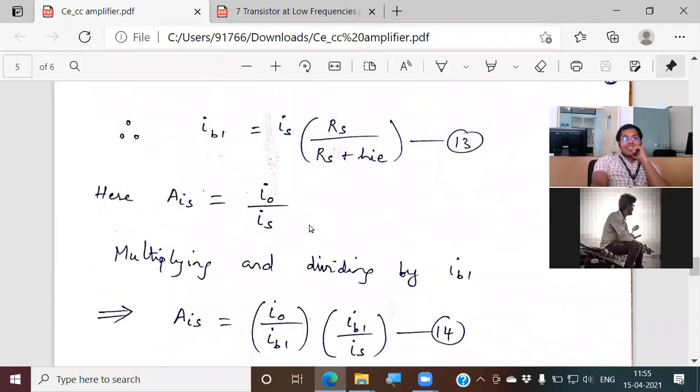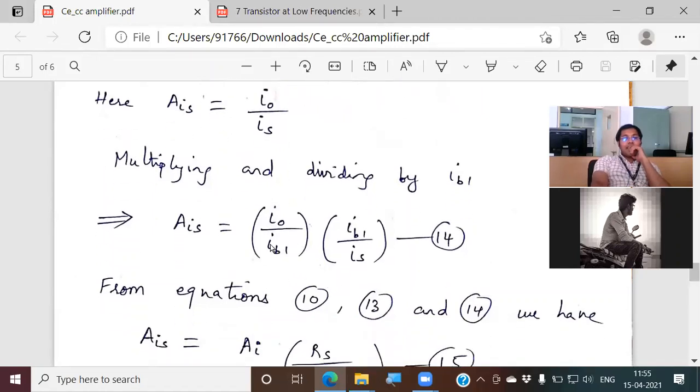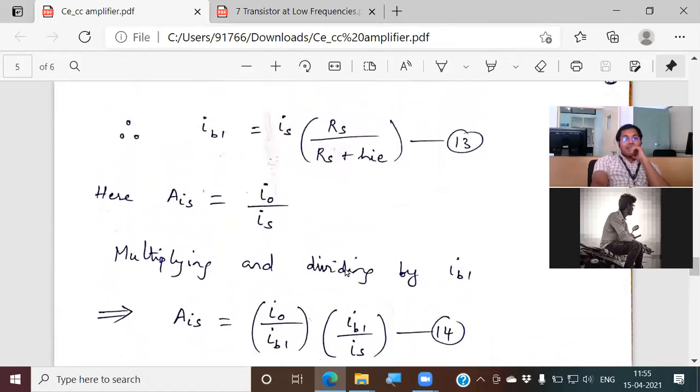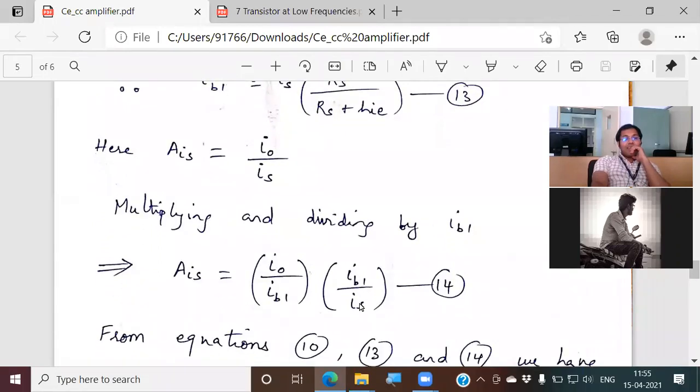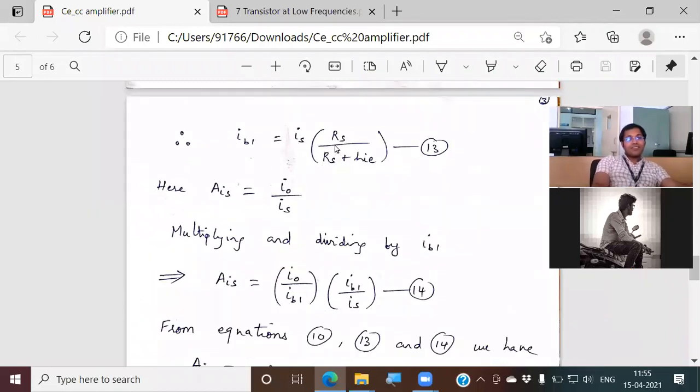This AIS we have already discussed. We are multiplying and dividing by IB1 so that this becomes AI. This one, IB1 by IS, is from the current division rule that we just used. From this we can get IB1 by IS.